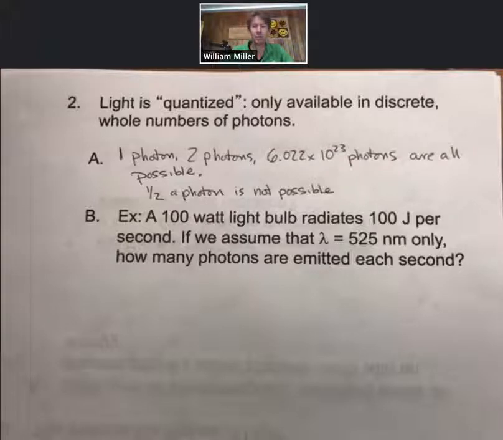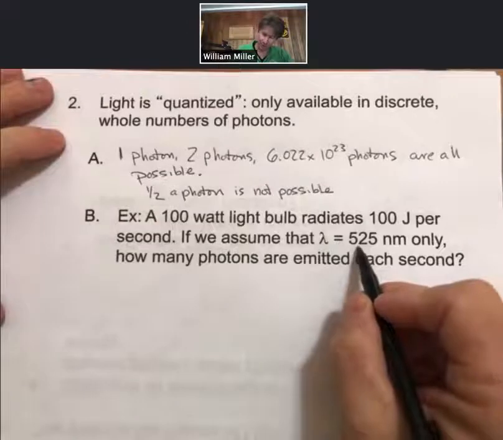If we assume that the wavelength of the light bulb is 525 nanometers only, and this is an approximation because light bulbs tend to give off all of the colors of the visible spectrum, depending upon what type of light bulb it is. But for the calculation's sake, we'll just do 1 wavelength. Then the question will be how many photons are emitted each second? And this is a bread and butter or typical calculation that we will do, or 2 calculations.